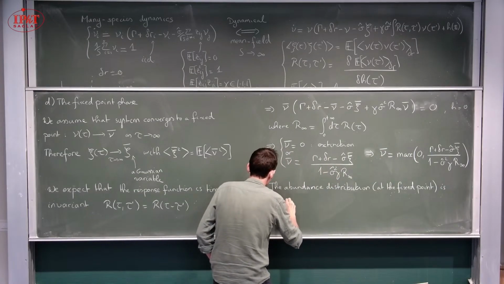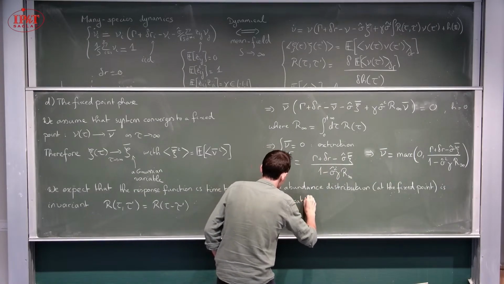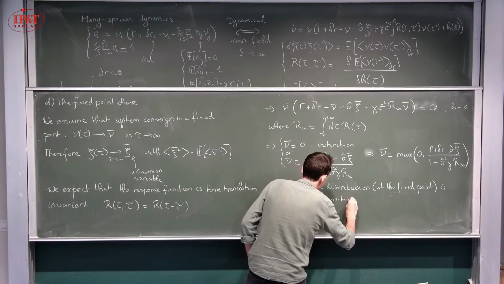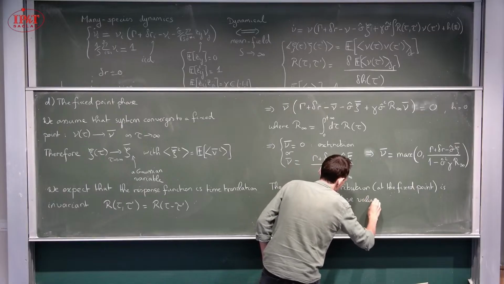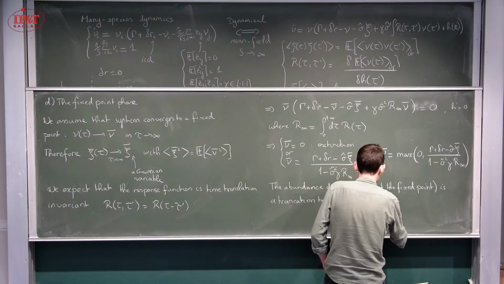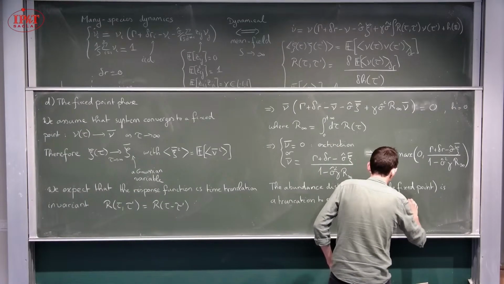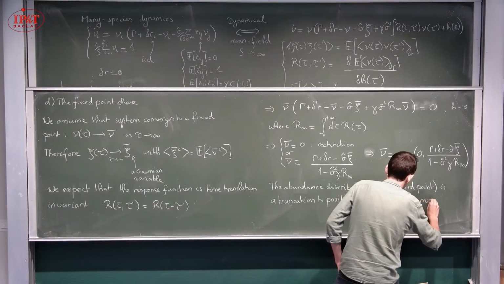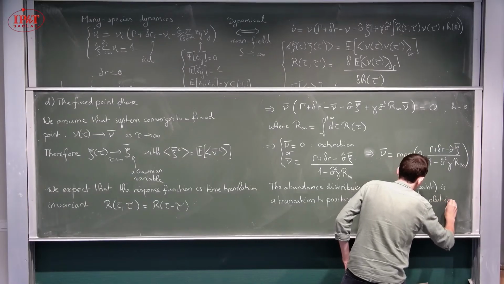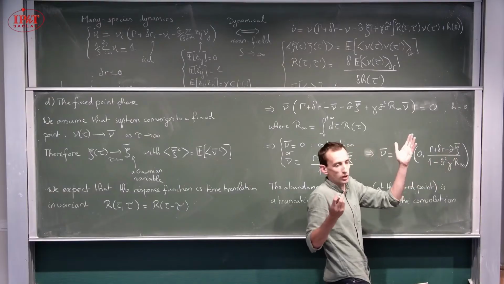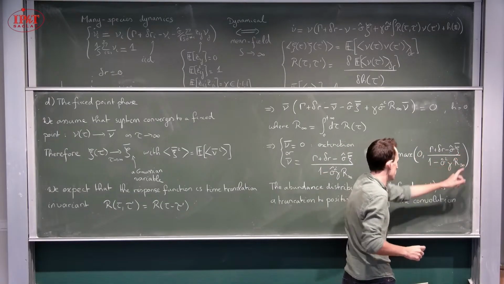It's a truncation to positive values of, so you have delta r, which is distributed according to some law, and this is a Gaussian variable.